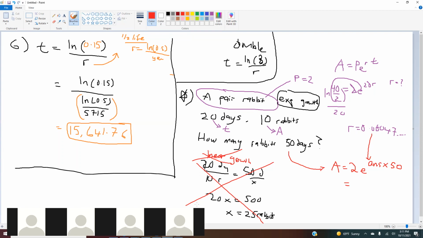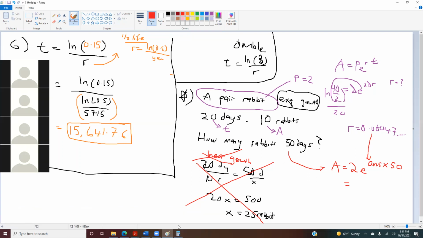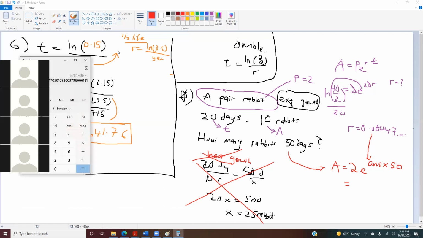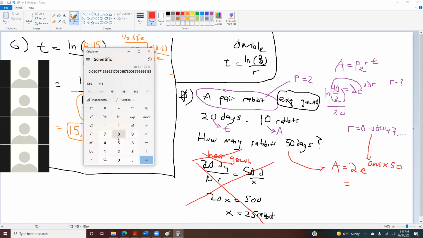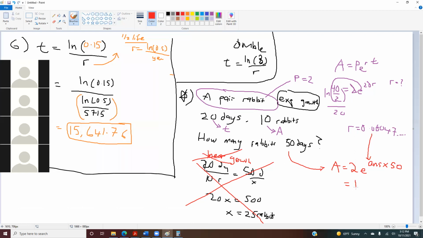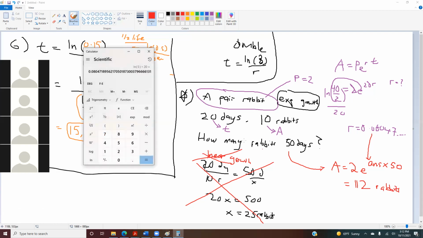So how many rabbits do you have after 50 days? 111.803. How many? 111.803. So it's 111.8, so 112, right? Yeah. Can I have 111.803 rabbits? 112? Right? Is that correct?